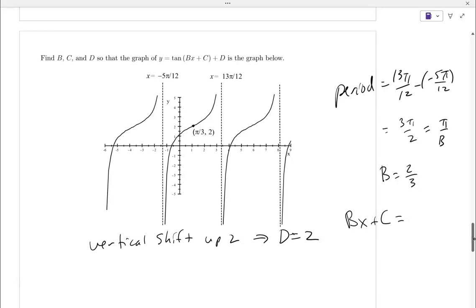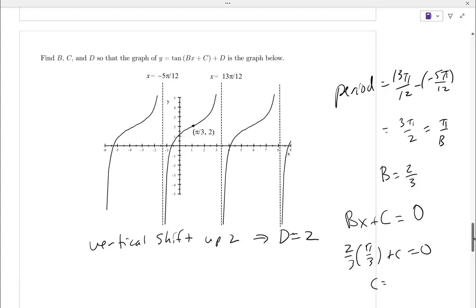And I want to do the exact same idea that we've done in the previous 4 problems. I just need to figure out what the right-hand side of this equation should be, again looking at the x value. Instead of the x value being pi over 3, what should the x value have been? Still 0, right? Still like it was for the vertical shift. So we'll set this equal to 0. We plugged in pi over 3 instead.